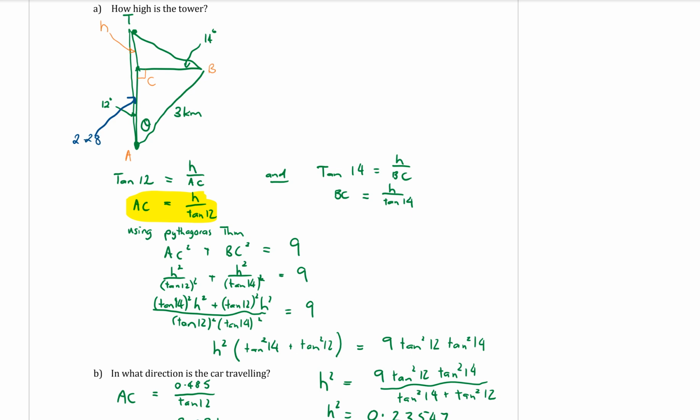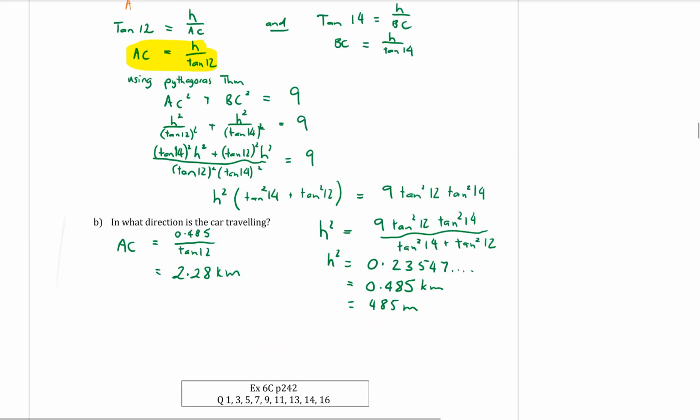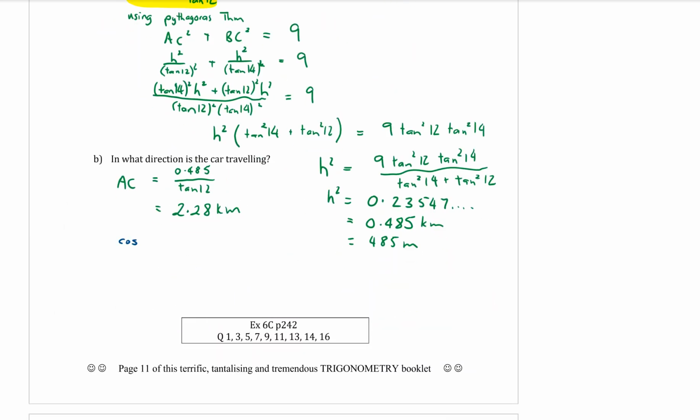So looking at my theta, I have got the adjacent side now, and I've got my hypotenuse, so I can use cos. So cos theta is equal to adjacent over hypotenuse, and I'm going to have to inverse cos to get theta by itself. And let's just do this to the nearest degree since we're going to do a bearing. So I got 40 degrees to the nearest degree.